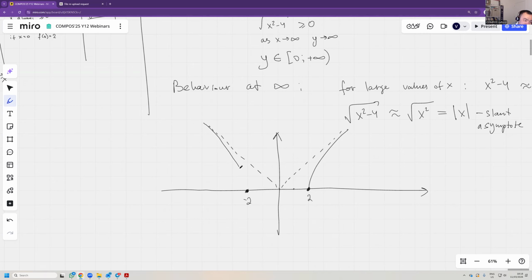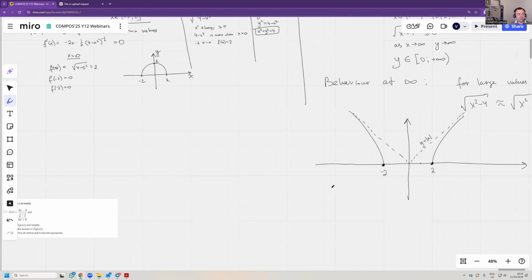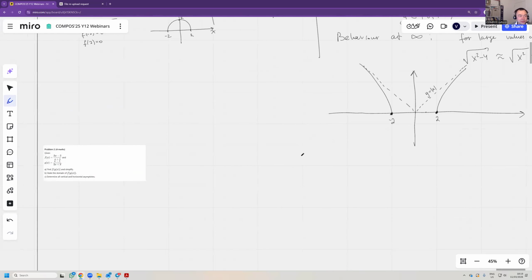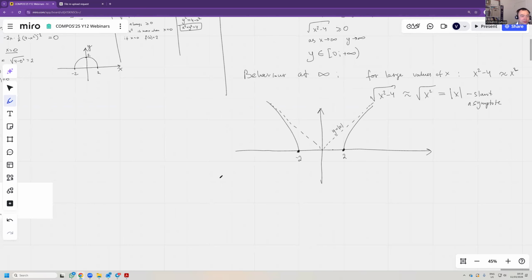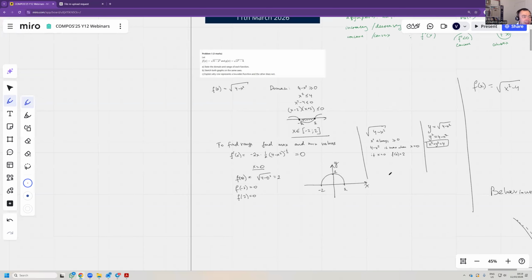For large values of x, it approaches y equals modulus x. Okay, so on one graph, as they were asking, it's just two dots. Let's choose a different color. So that's the previous graph. This one.